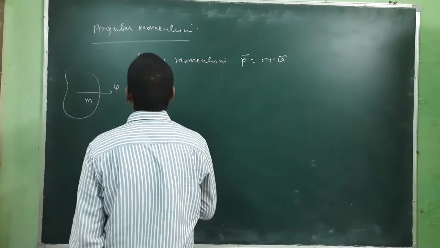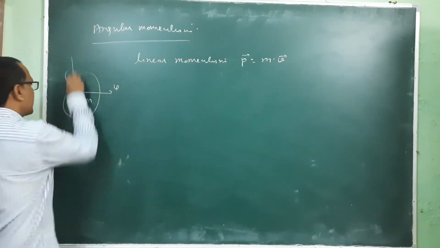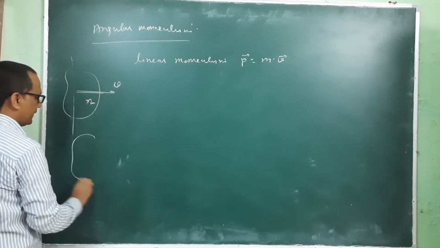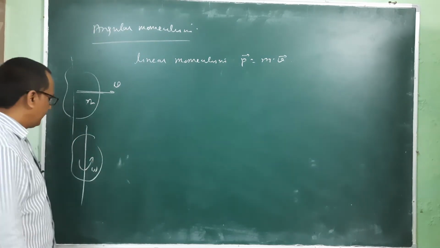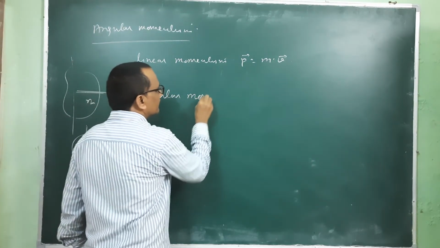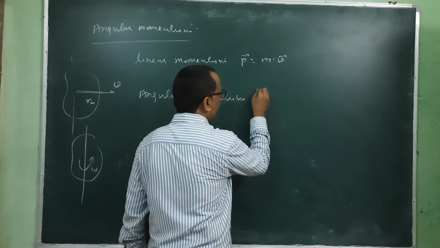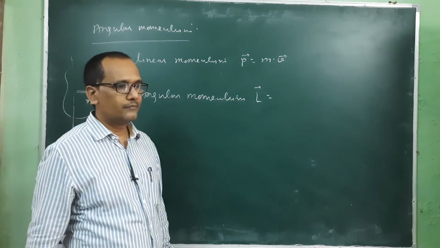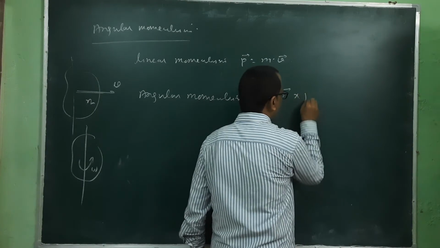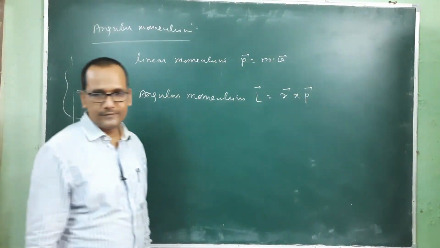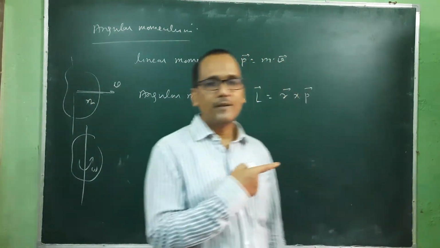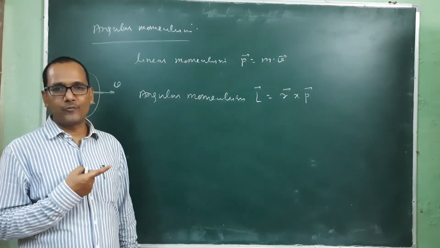And here we are introducing angular momentum. If this body of mass m is moving with a constant angular velocity omega along this axis, then the angular momentum is represented by L. It is given as the cross product of R and P. Again, this is the third physical parameter in which we are using the cross product of two vectors.